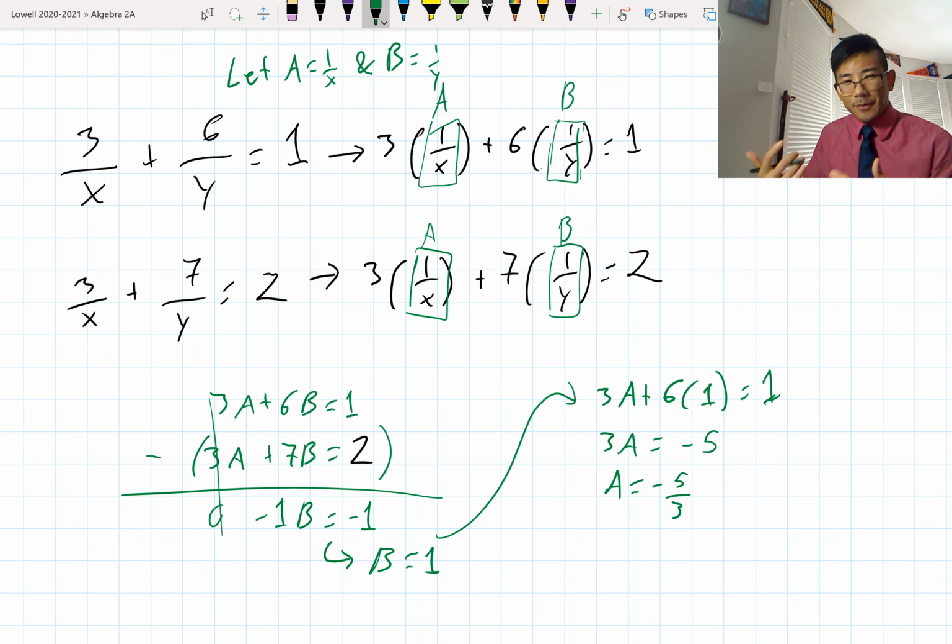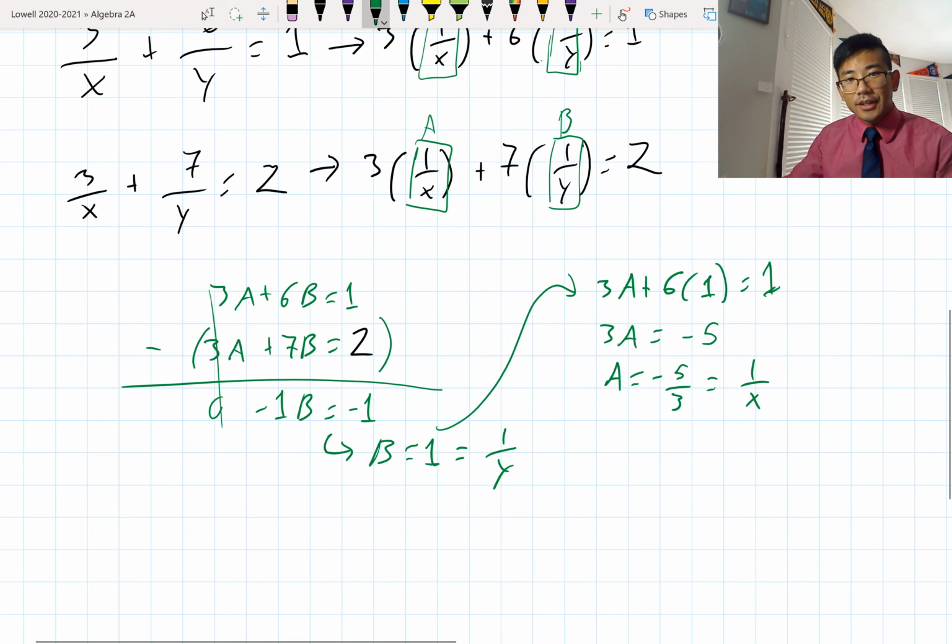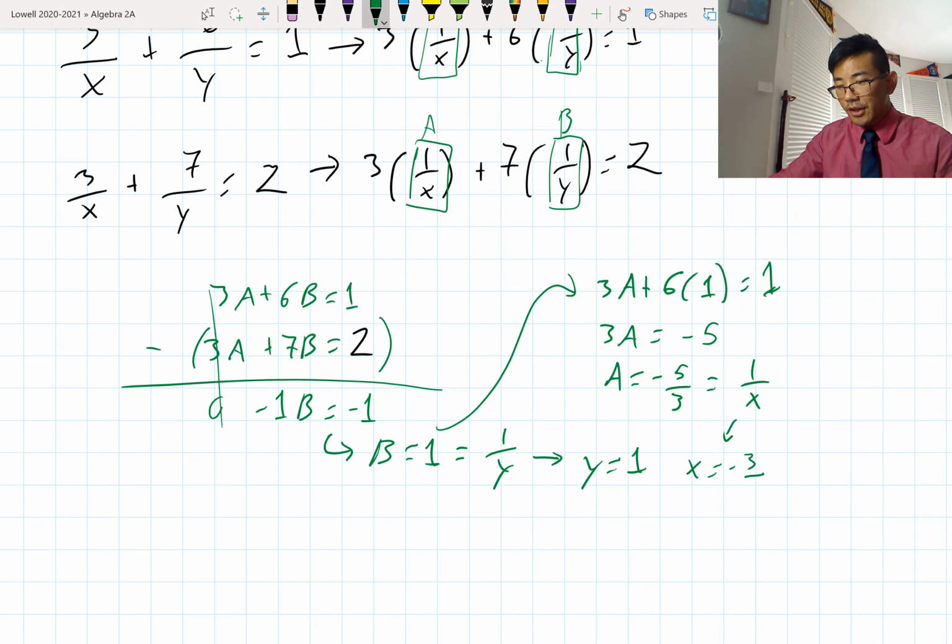But remember, b is 1, and b is actually 1 over y, and a, which is negative 5/3, is actually 1 over x. So to solve this, y equals the reciprocal of 1, which is 1, and x would equal negative 3 over 5.